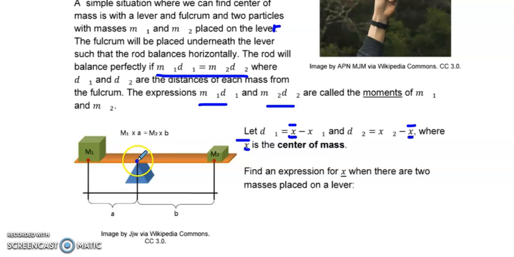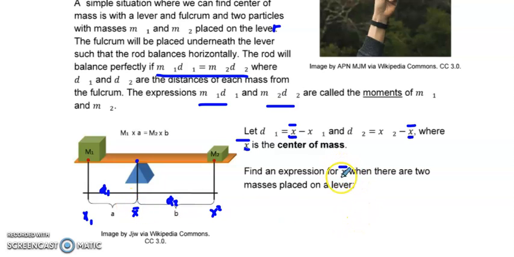That's going to be right here. So it's kind of like going in order. You'd have x1, x bar, and x2. So the distance 1 here is going to be x bar minus x1, whereas distance 2 over here is going to be x2 minus x bar.